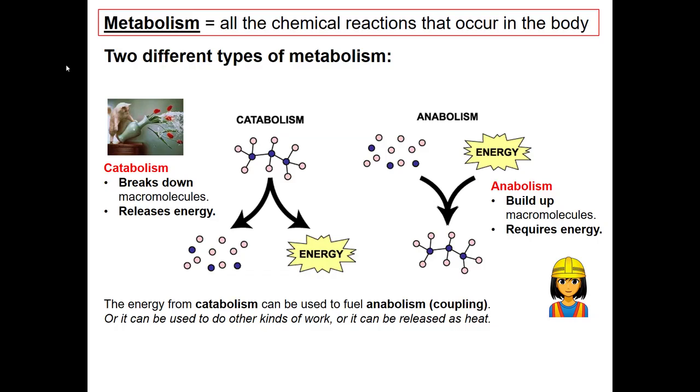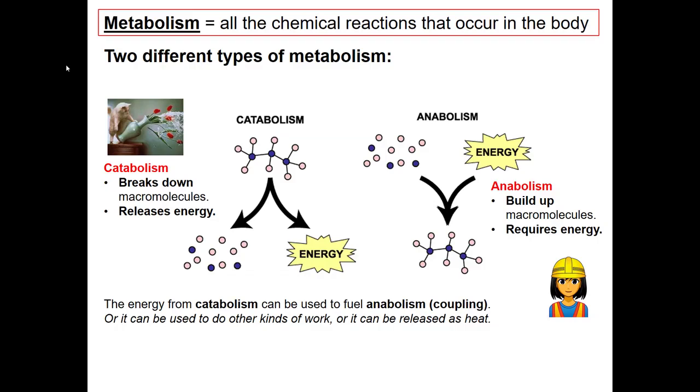So that's anabolism. The energy that's released from catabolism, one thing that energy can be used for, I said, is contracting muscles. So that's one reason the body might want to focus on catabolism and release a bunch of energy. But the energy from catabolism can also be used to fuel anabolism on this side of the diagram.